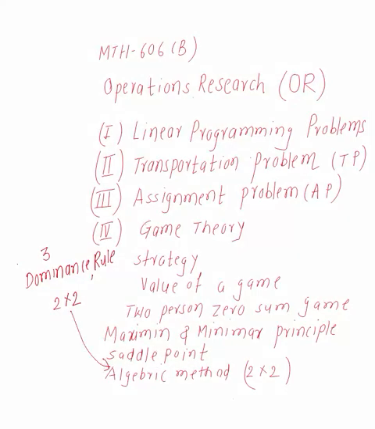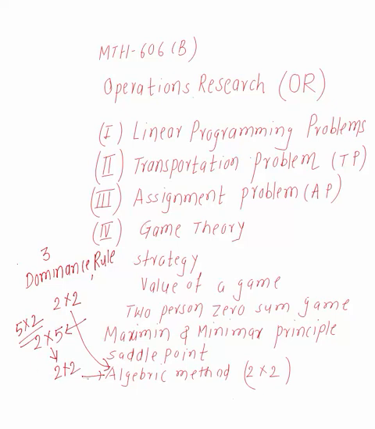If we have a game, say 2 by 5 game or 2 by 6 game, then using graphical method, these games are reduced to 2 by 2 size, and then algebraic method is used. Similarly, if we have 5 cross 2 game, then it can also be solved by using graphical method.